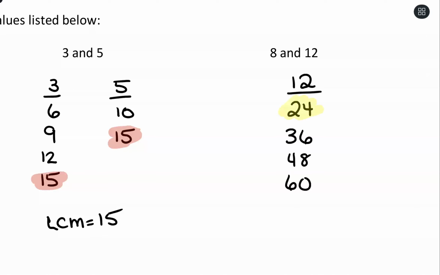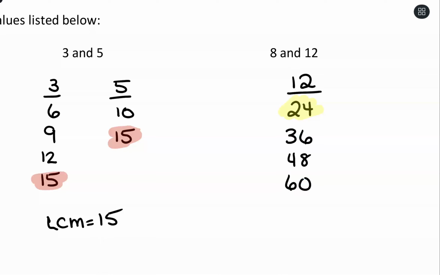So what I could do is, when I'm working on this list, just check each number that I write down to see if 8 divides it. So like 36 doesn't work, 48 would work, 60 doesn't work. But it saves me a little time. Instead of writing out the list for the values of 8, start with the larger number and just list out values until it's divisible by the other. But that works great.